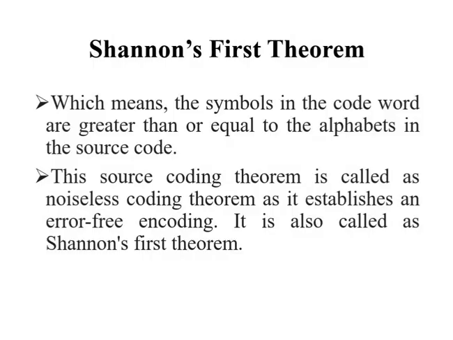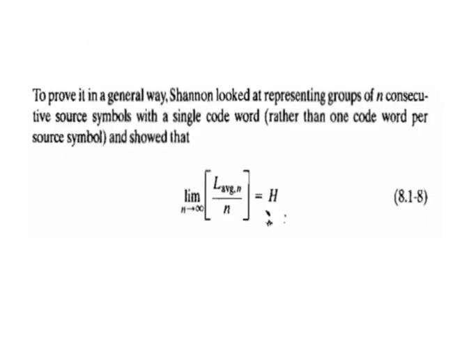To prove it in a general way, Shannon looked at representing a group of n consecutive source symbols with a single code word rather than one code word per source symbol, and showed that the limit as n tends to infinity of L_avg,n upon n is equal to H. H is nothing but entropy, where L_avg,n is the average number of code symbols required to represent all the n symbol group.